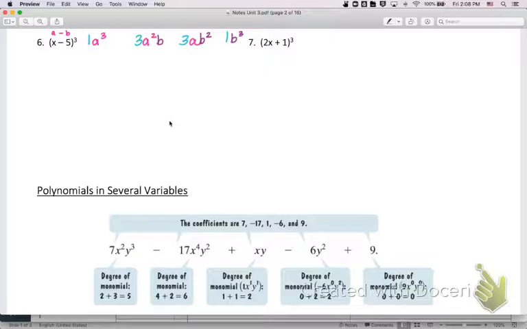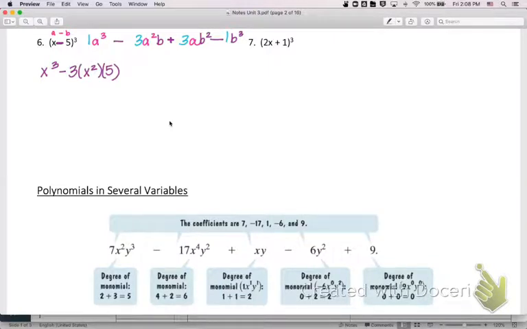Okay. Now we need to decide. The middle term is always a plus, but since this one has a minus in it, we want a minus here and a minus here. That's the hard part to remember. And so now all we do is fill in those pieces. So 1 times A cubed in this case is going to be X cubed minus 3 times A squared would be X squared times B, which is 5.